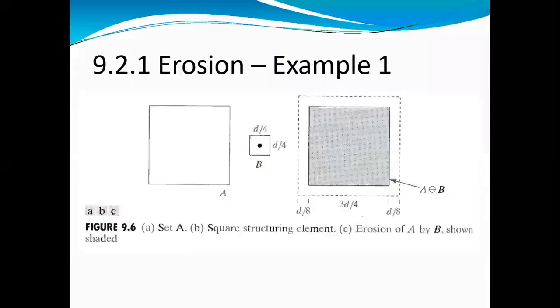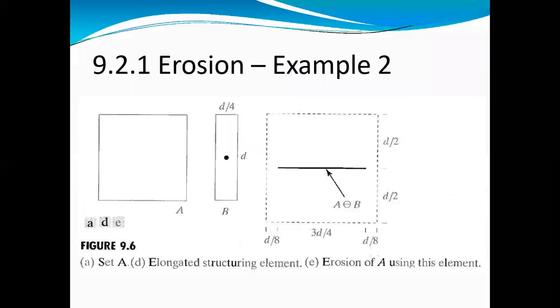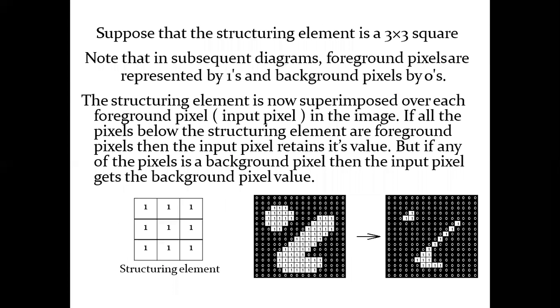This is a basic example for erosion. Suppose the structuring element is a 3 by 3 square. Note that in the subsequent diagram, foreground pixels are represented by ones and background pixels by zeros.